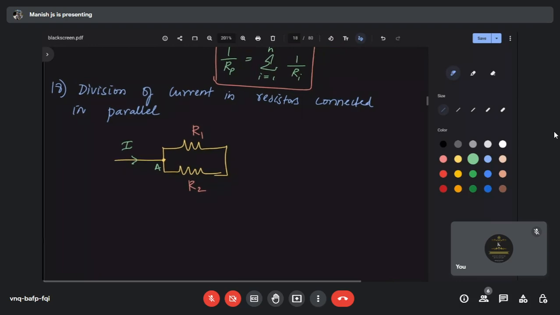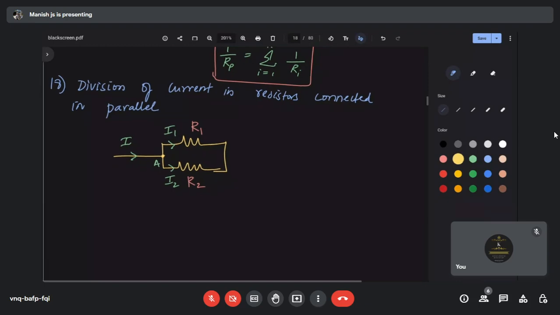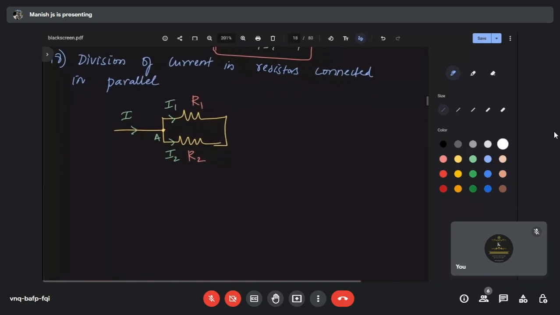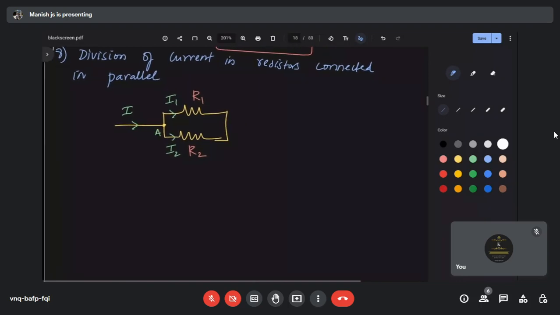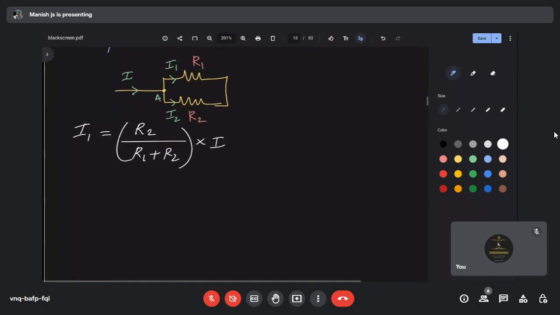So the current entering the junction, I, is going to get split as I1 and I2. We wish to find out I1 and I2 in terms of the incoming current and the resistors. You can write I1 as R2 upon R1 plus R2 into I. This is the formula for I1.